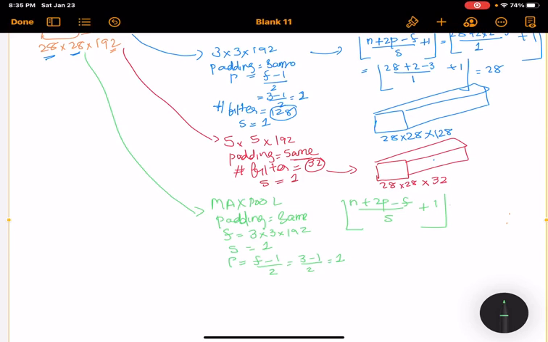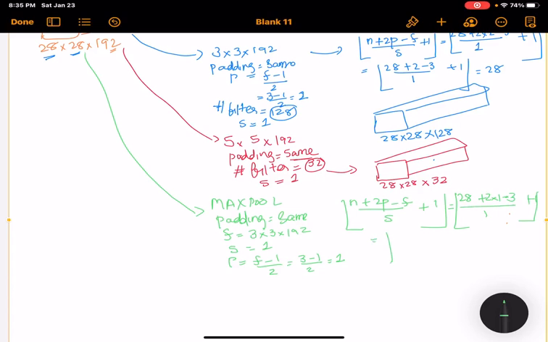So that is equal to (n is 28 plus 2 into 1 minus the filter size 3) divided by stride 1, plus 1.